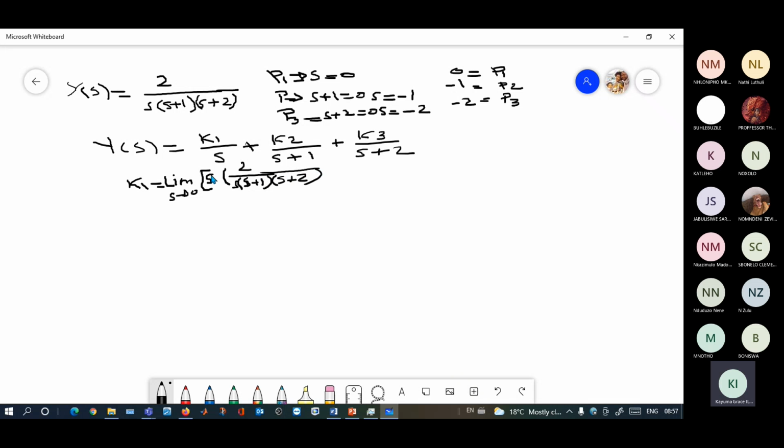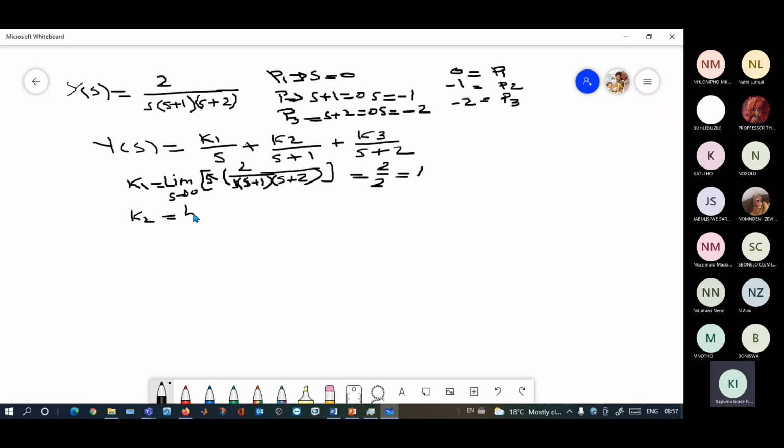So this s and that s can cancel themselves. When we put 0 there, 0 plus 1 is equal to 1, 0 plus 2 gives us 2, so our first pole gives 2 over 2. This is going to be equal to 1.